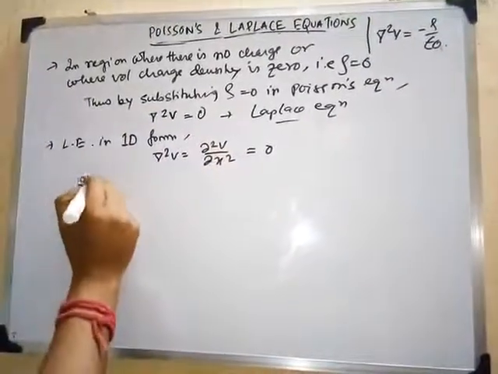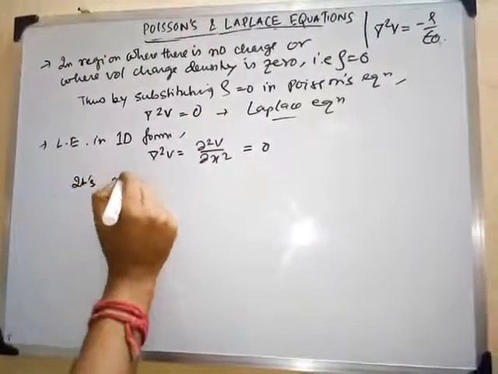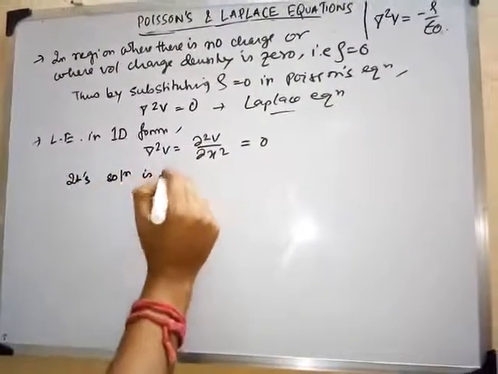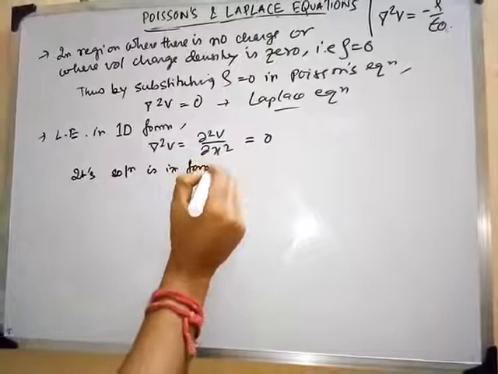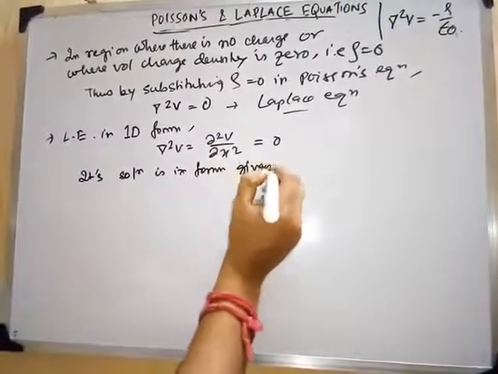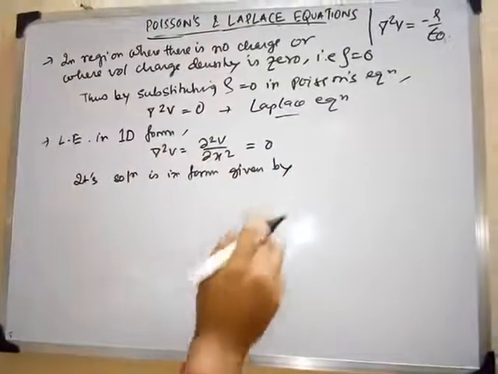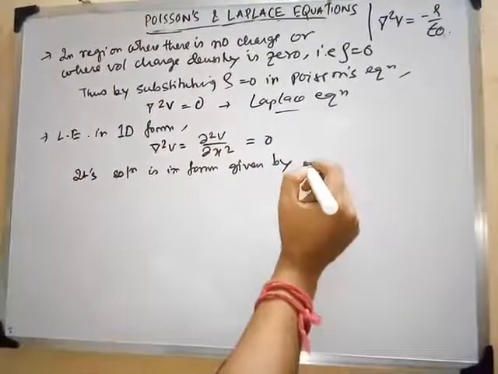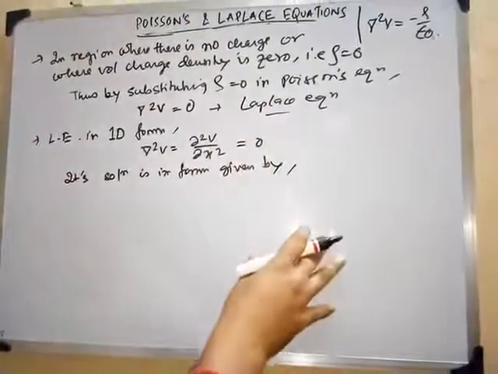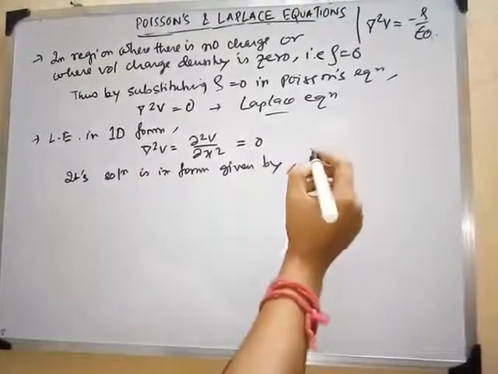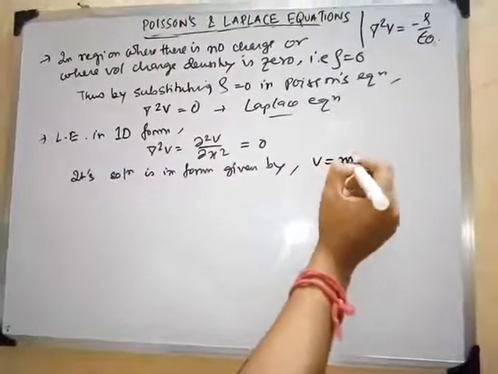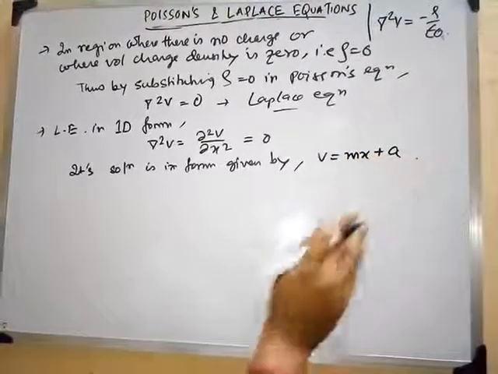Its solution is given by solving this differential equation, which I believe you have done in your engineering mathematics course, and it comes out as V equals mx plus a, right?